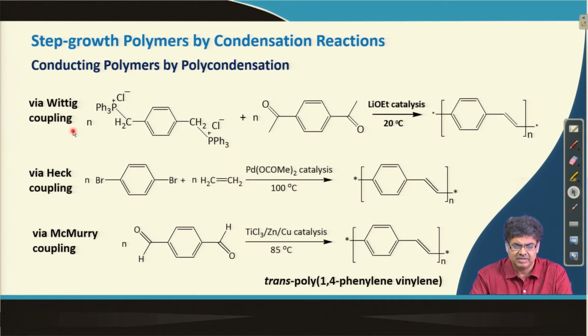Some of the examples shown here are Wittig coupling, Heck coupling, McMurry coupling, and these are standard organic reactions which are utilized in this polymerization process to make polymer products. This is the advantage for polymer scientists or polymer chemists: they can use the nice organic reactions and utilize them to make new polymer molecules.